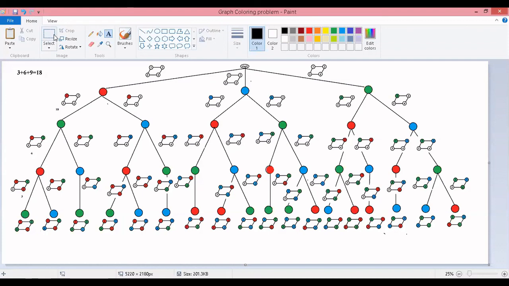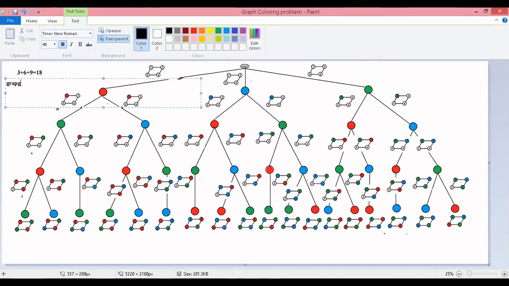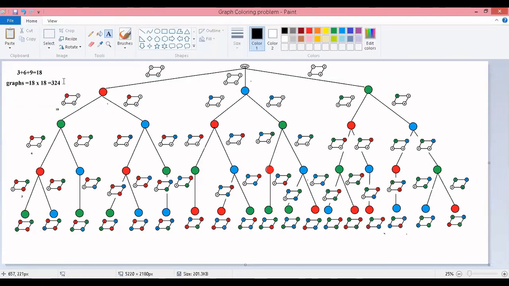So totally 18 into the comparison for one particular path I showed you, which came out as 18. So the answer of this is 324. So 324 comparisons have to be done for getting these 18 solutions. That is the answer I showed here for you.